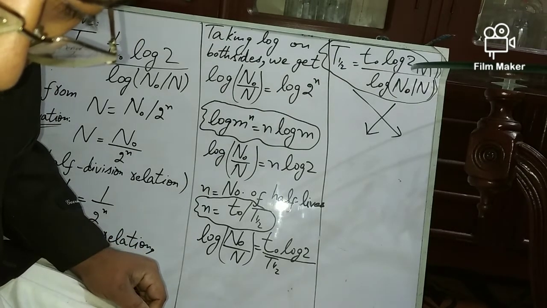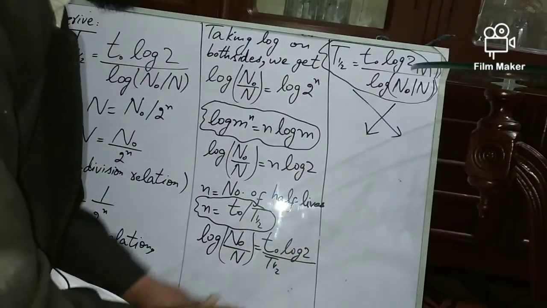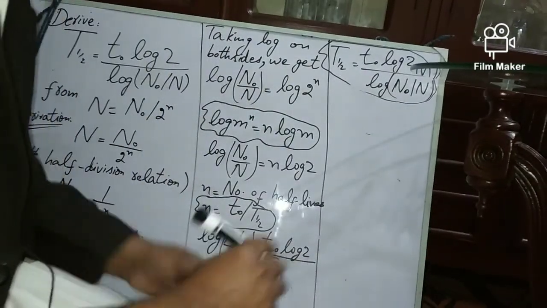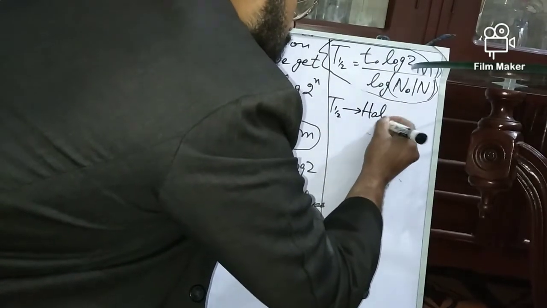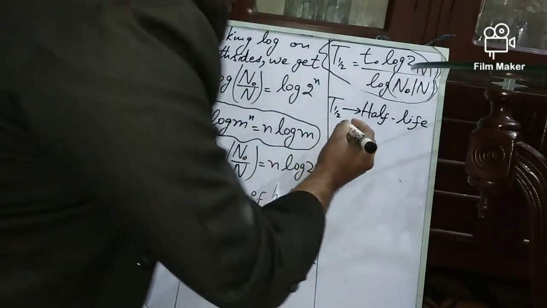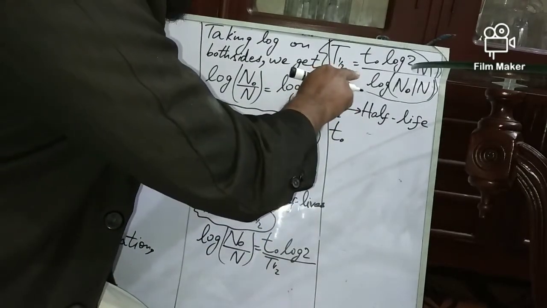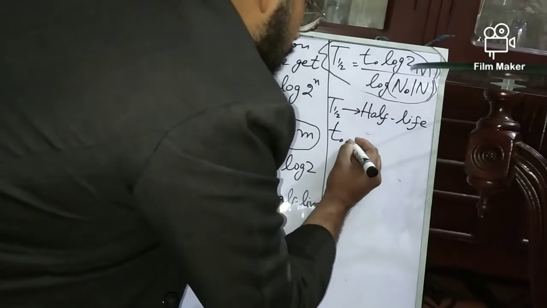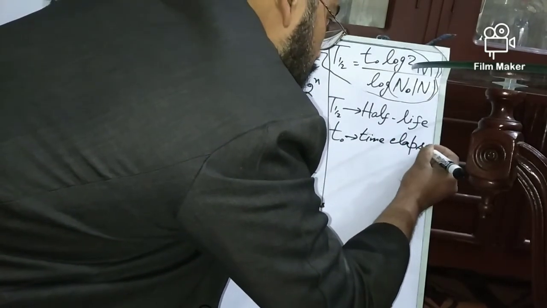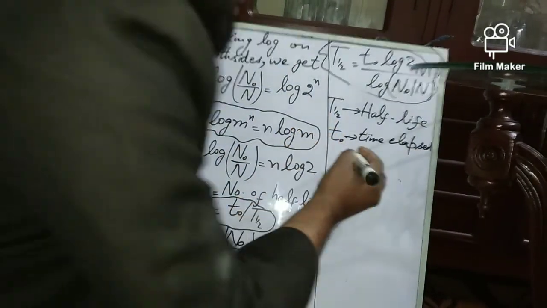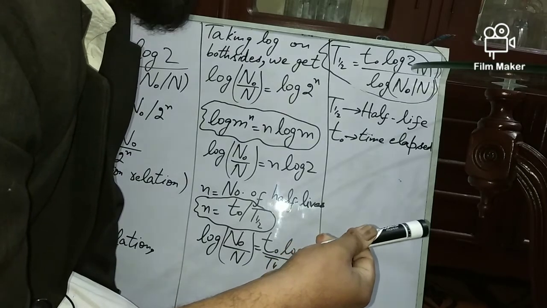From this formula we can calculate various physical quantities: t half, the half-life; t naught, the time elapsed, meaning time passing during decaying of radioactive material.